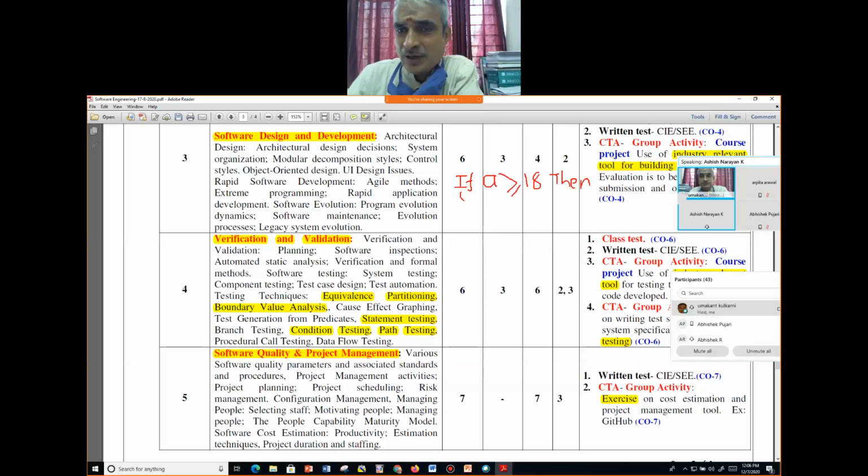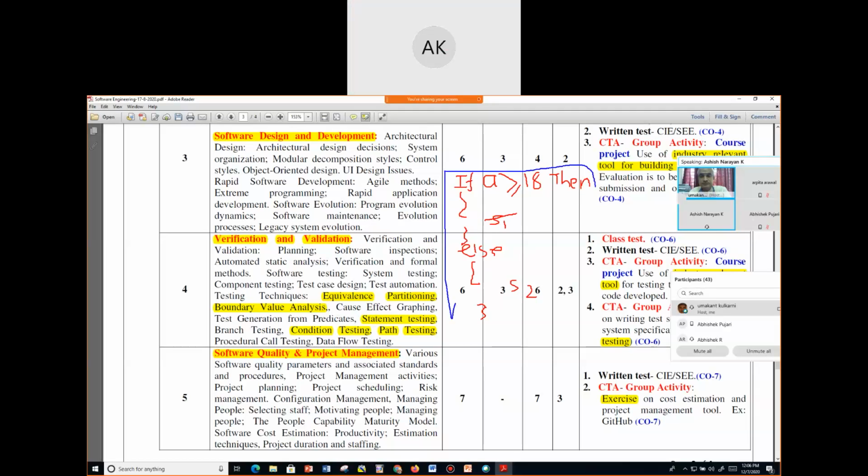Then I will open the bracket. The statement S1 is executed, and I'll close the bracket. S1 is a set of statements. Then else, open the bracket: the set of statements S2 is being executed. Is it clear? Yes, sir.